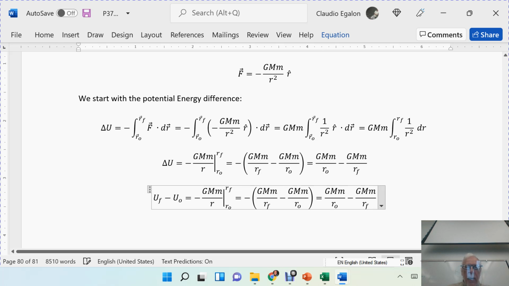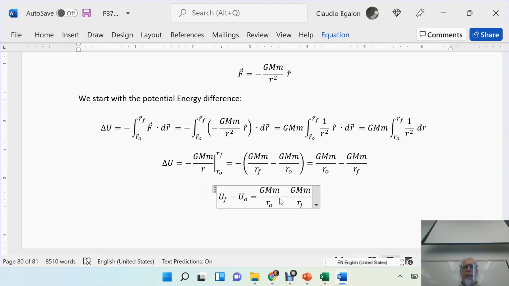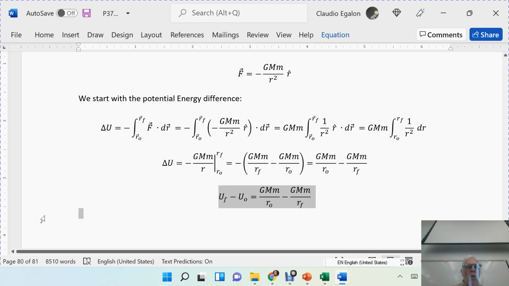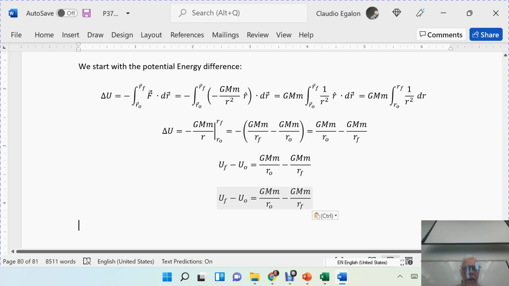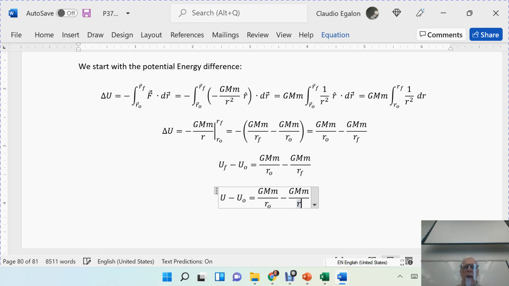We are going to simplify the notation by dropping the F subscript. So U is my generic potential energy, my final potential energy, and r my final position.